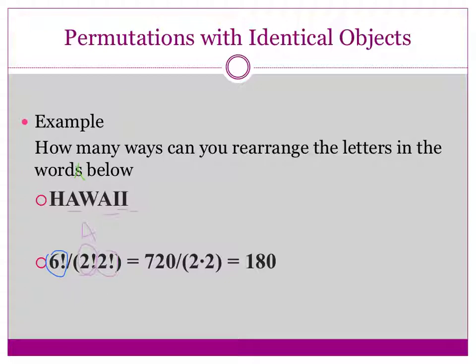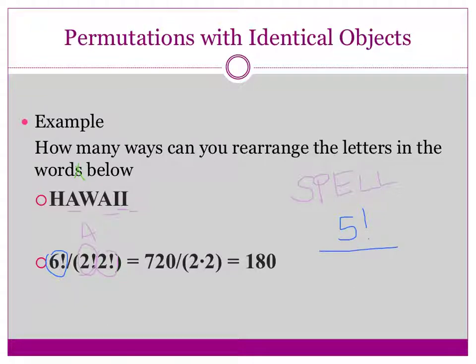In class, we've dealt with Mississippi. For your practice, go ahead and try spell. How many ways can we arrange the letters S-P-E-L-L? Again, there are 5 factorial ways to arrange the letters in general.